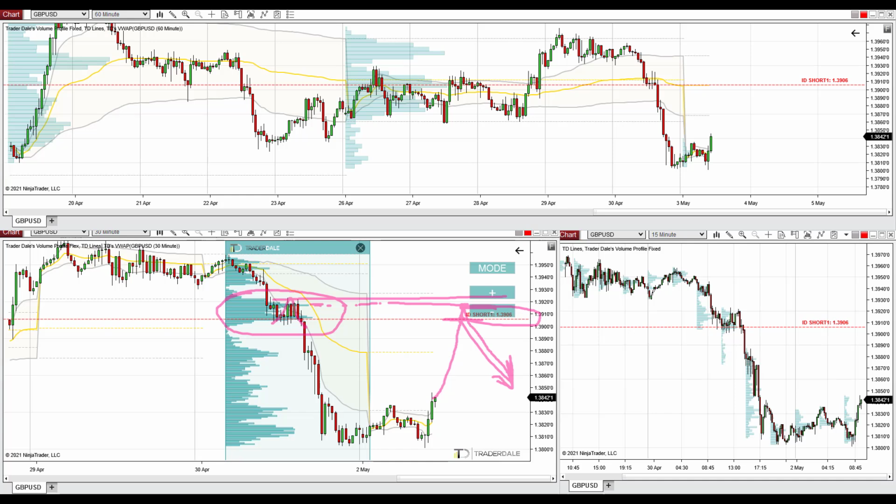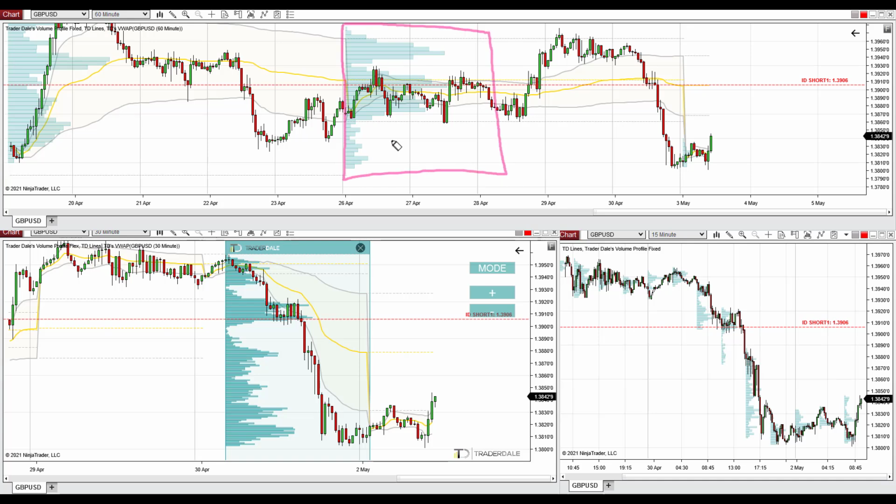Alright, so that's the trend setup on the British pound, but there is one more addition which I like about this trade, about this resistance. If you look at the weekly profile, you can notice that the heaviest volumes throughout the whole previous week were traded in here at our level.